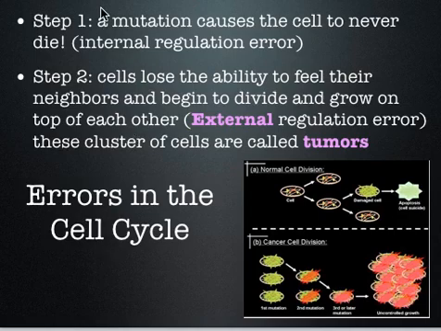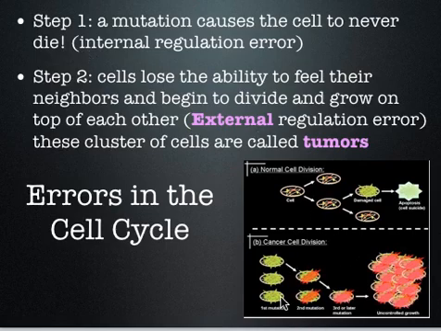The first error is a mutation that causes the cell to never die. A cell is supposed to die. A stomach cell dies after 3 days. If it's still alive 6 months later, that's very dangerous. That could lead to cancer. So the first step in getting to cancer or a tumor is the cell loses its ability to die.